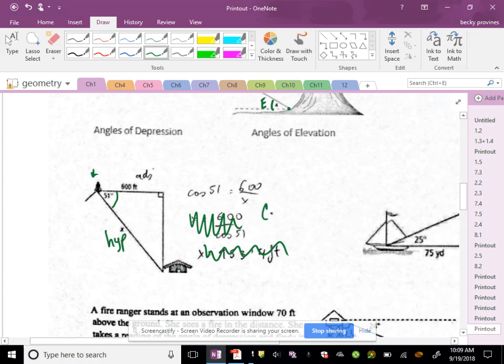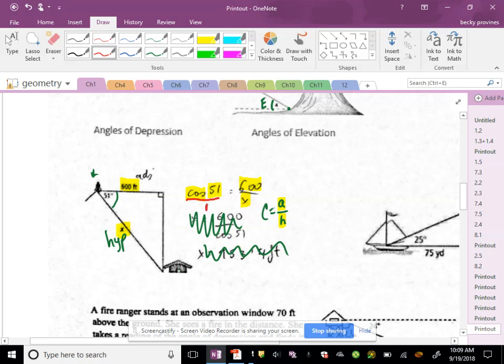So I know cosine is adjacent over hypotenuse. So that's what I'm going to use. I always start by saying my trig function. I'm going to use cosine, the angle I'm working from. And then I say, where's my adjacent side? The adjacent side is the 600. Where's my hypotenuse? My hypotenuse is x.